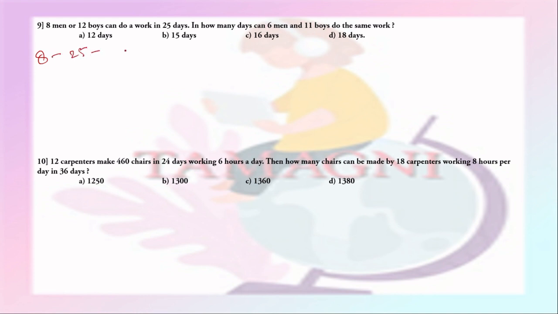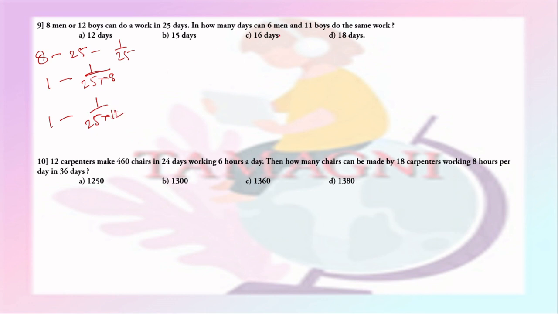That is, they can do 1 by 25 of the work in one day. So one man can do in one day 1 by 25 into 8 part of the work. Similarly, one boy can do 1 by 25 into 12 part of the work in one day.